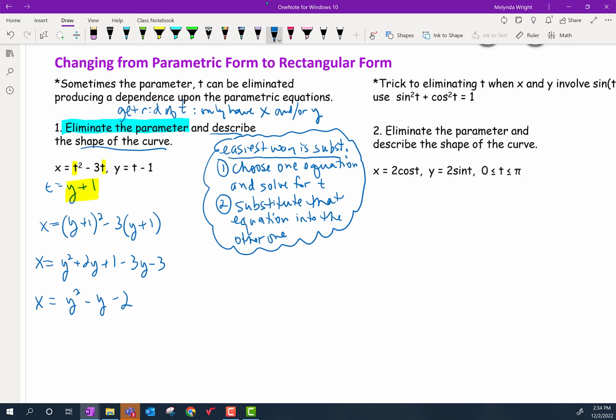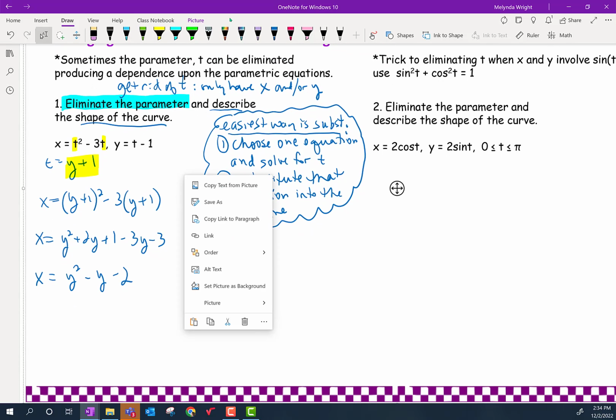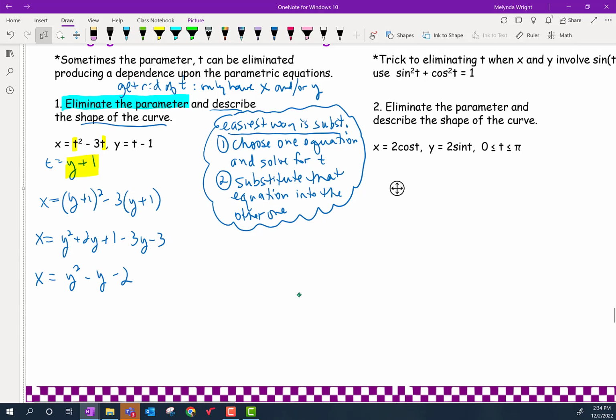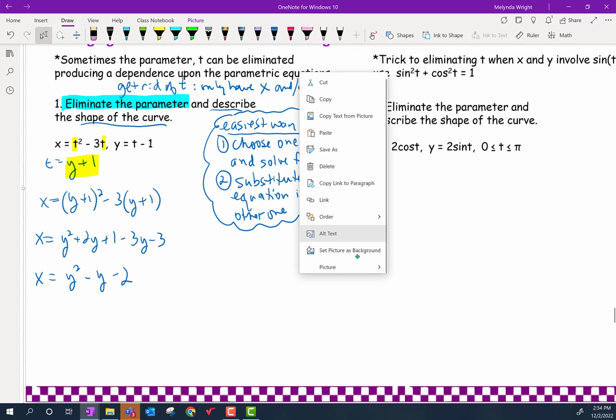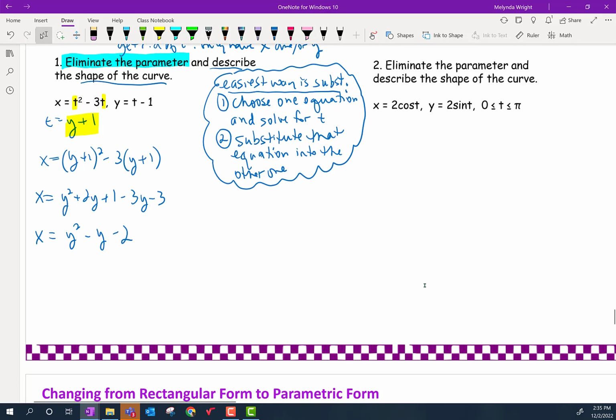So I hope that looks kind of familiar to you, not perfectly familiar, because usually we see it with x's. This is just a reminder: if it looked like this, y equals x squared minus x minus 2, what kind of equation would that be? What kind of graph would that make?